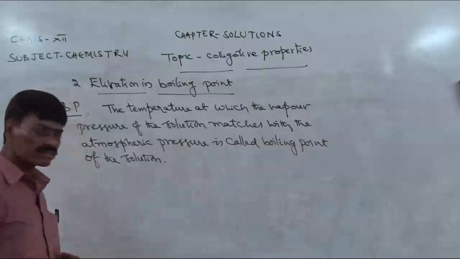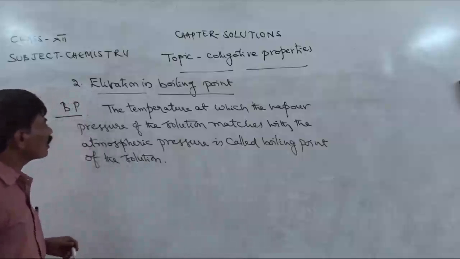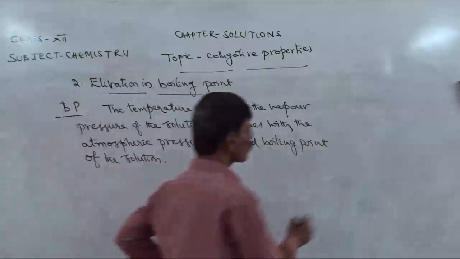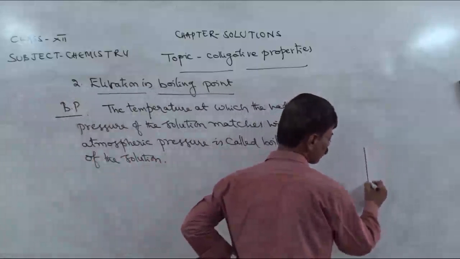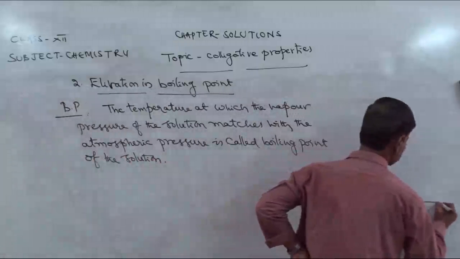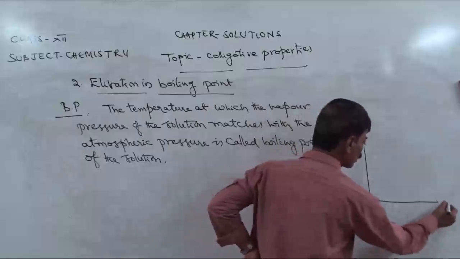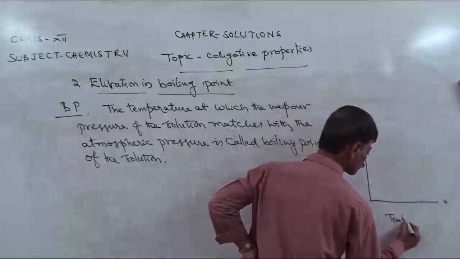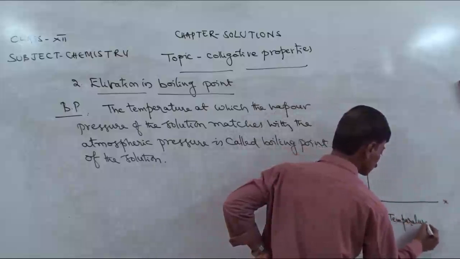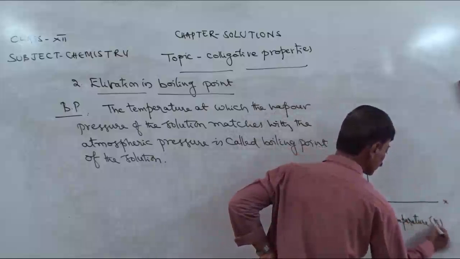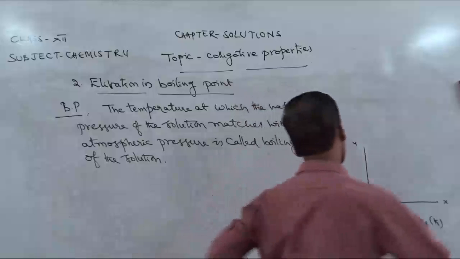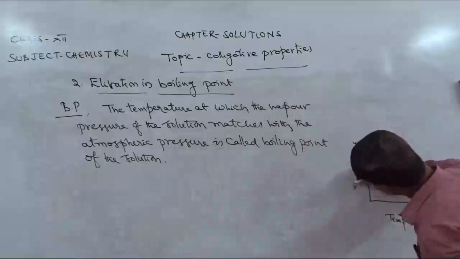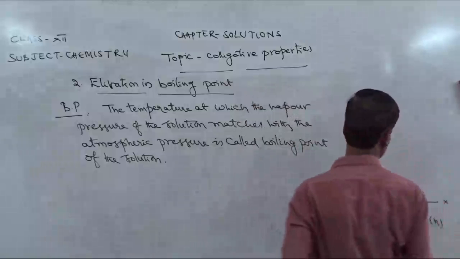Now let us see this colligative property in the form of a graph. This can be asked for 1 mark. On x-axis, I will take temperature values. This will be on Kelvin scale, and on y-axis, I will take vapor pressure values.